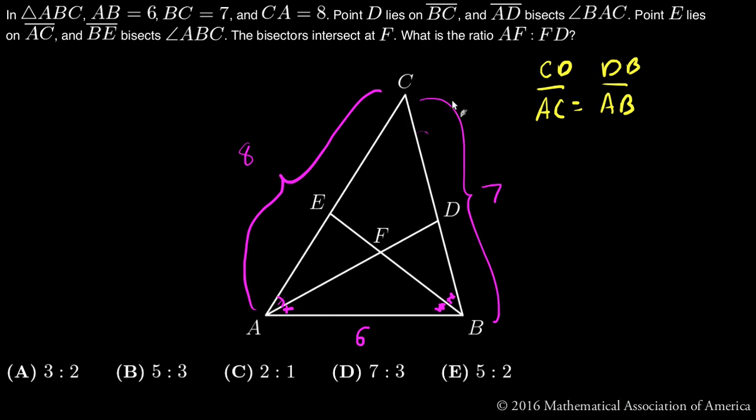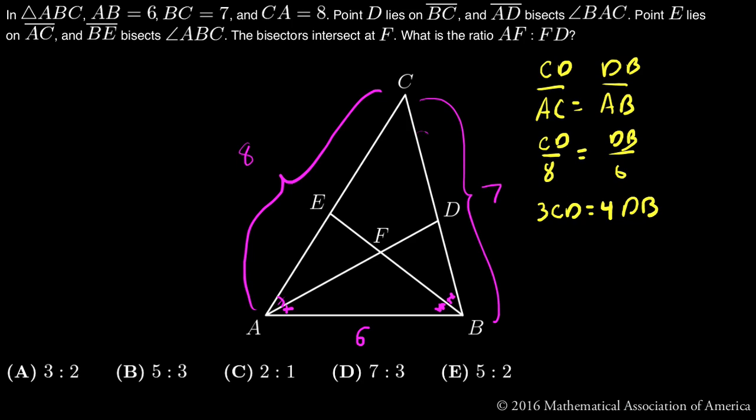We're given AC is 8 and AB is 6, so CD over 8 equals DB over 6. Cross multiply and reduce down, and we'll get 3 CD equals 4 DB.